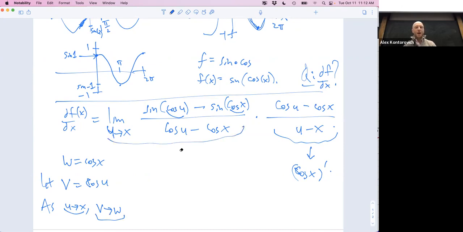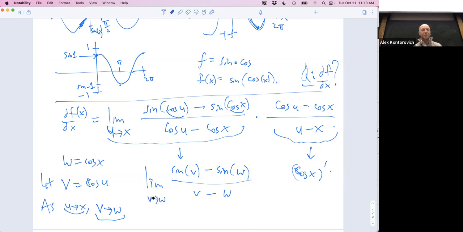What if we change variables on this part? Let's write this as the limit of sine of v minus sine of w, where instead of u I write v as cosine of u, and cosine of x is w, divided by v minus w, and this is the limit as v goes to w.